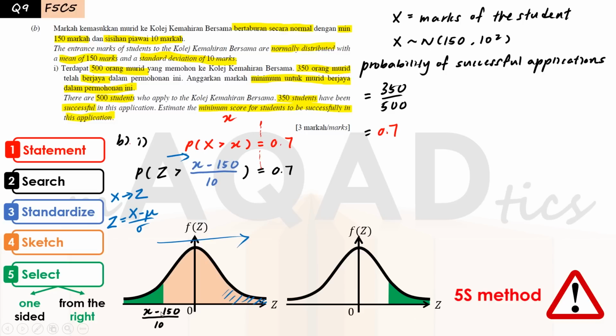But the only thing that I need to change is this z value here. Okay, so this value is actually negative because it's on the left side of the y-axis. So when we move it to the other side, this value will need to be multiplied by a negative. This value is already negative, so negative, negative, positive.